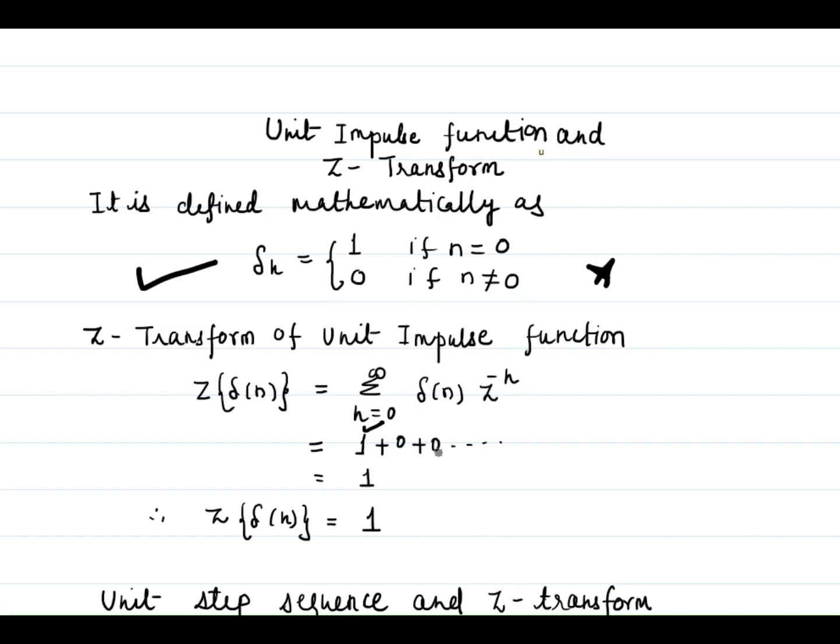So we write 0, 0, 0, 0, 0. The addition of 1 plus 0 plus 0 plus 0 equals 1. So the Z transform of the unit impulse function is Z of delta n equals 1. This is the standard result: the Z transform of the unit impulse function equals 1.